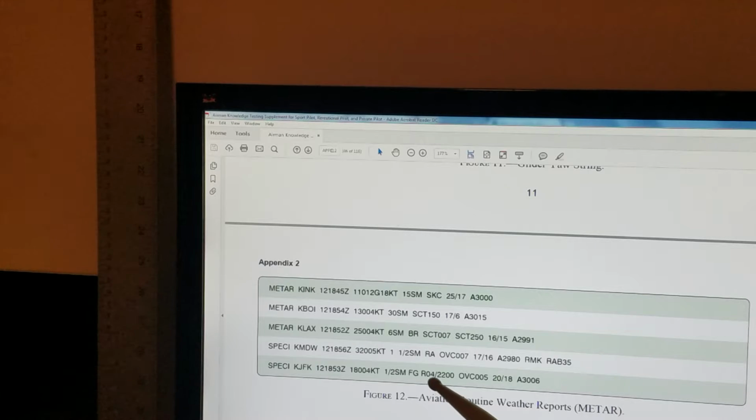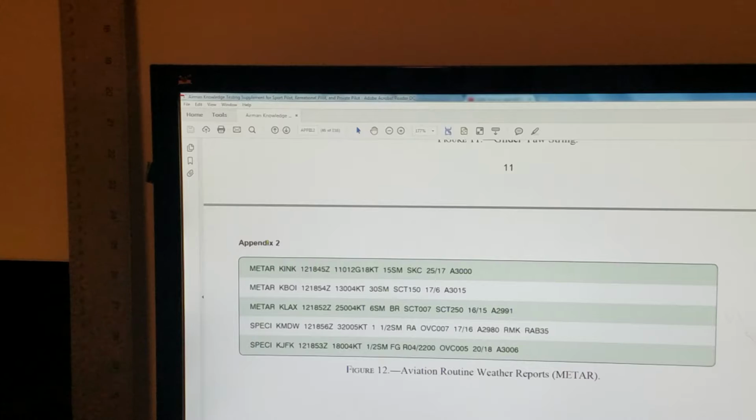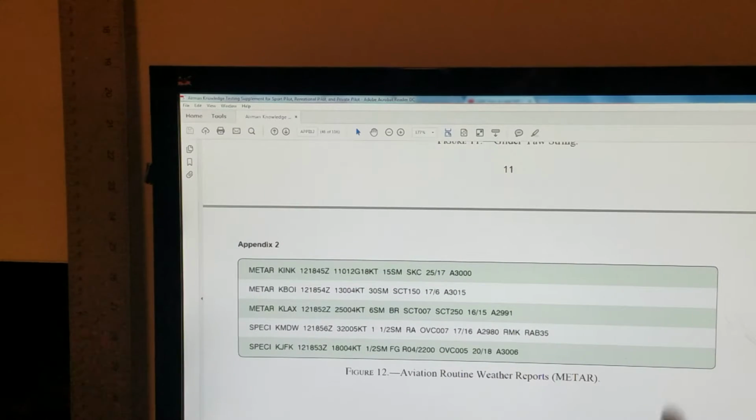R04 2200, yes, that's runway 4 has a visibility of 2200 feet. That's what it says.